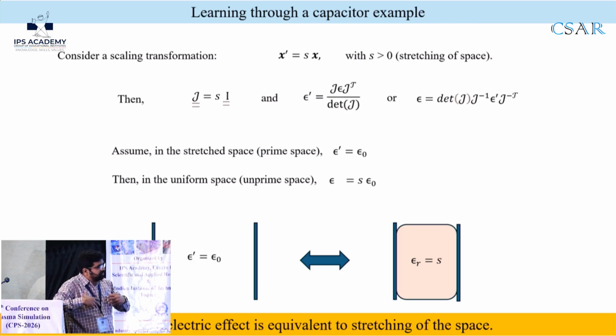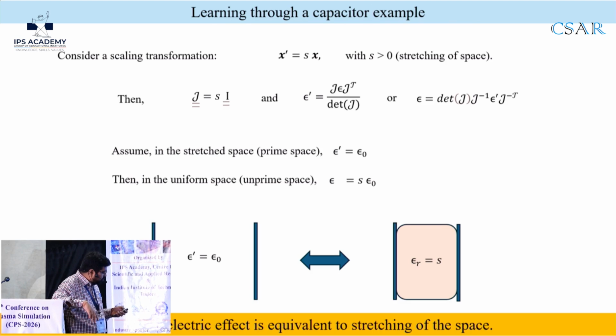So to emphasize this idea, let us start with a very simple example where we assume a scaling transformation. That means x prime is scaled by some factor s to x. So we are looking at x prime as s times x, where s is a number which ideally should be greater than 1, so that it's a stretching transformation. It should not be 0. So the space is getting stretched.